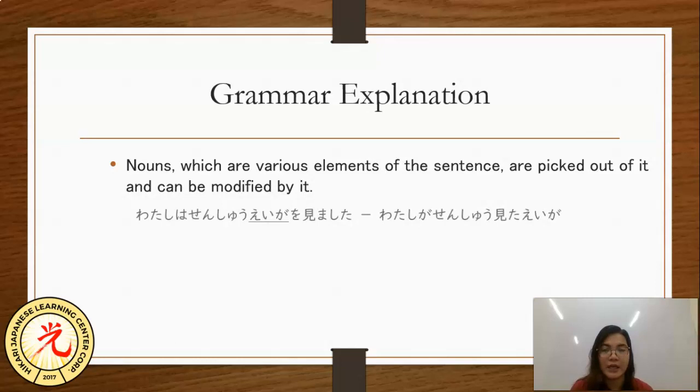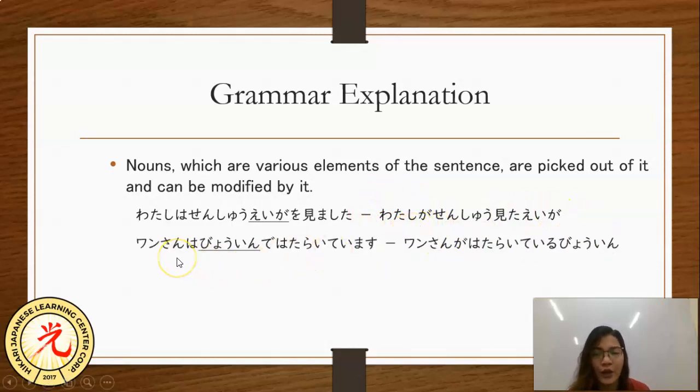So, for example, like here, watashi wa senshu eiga o mimashita. Nakakita or nanood ako ng movie last week. While on the other side, watashi ga senshu mita eiga. Okay? Ang movie na napanood ko last week. So, nagiging noun na siya, or buong noun na siya na tinutukoy mo.